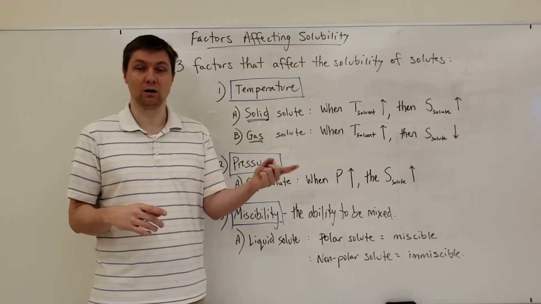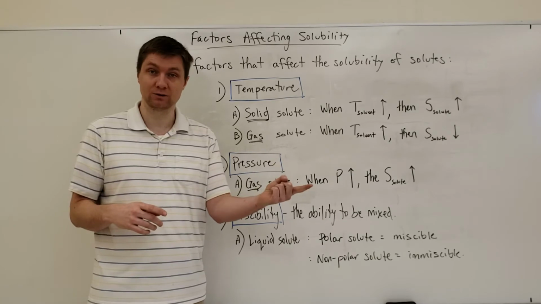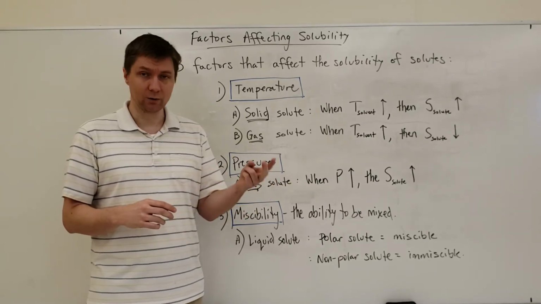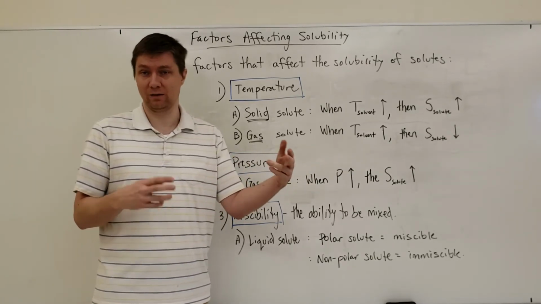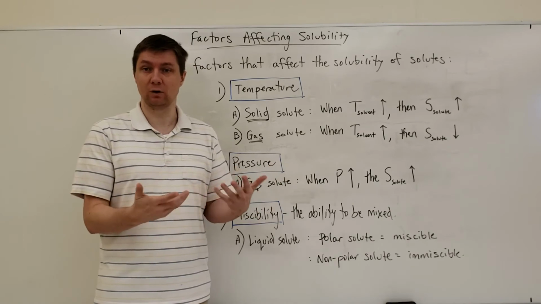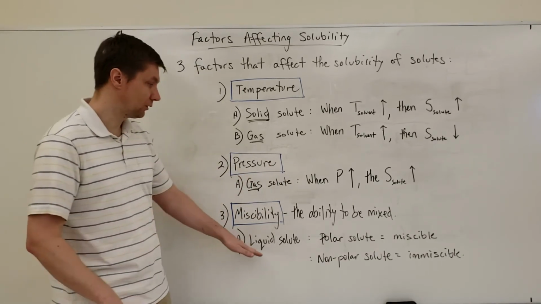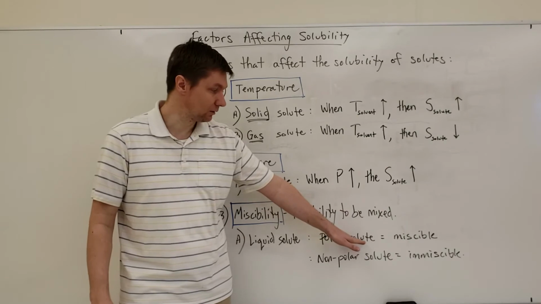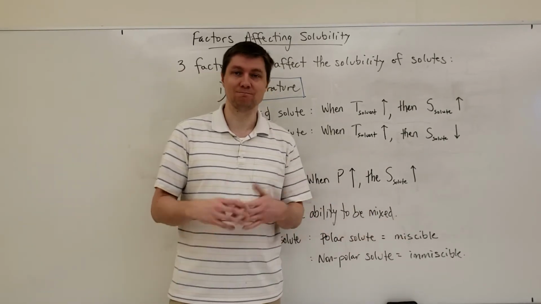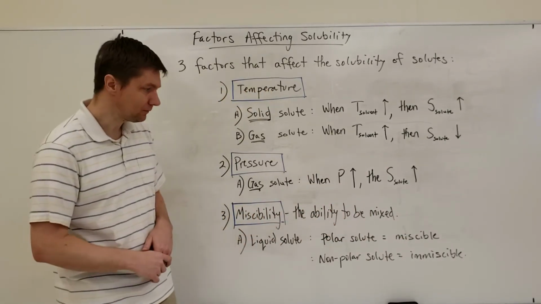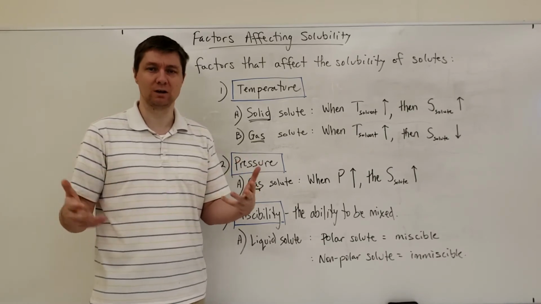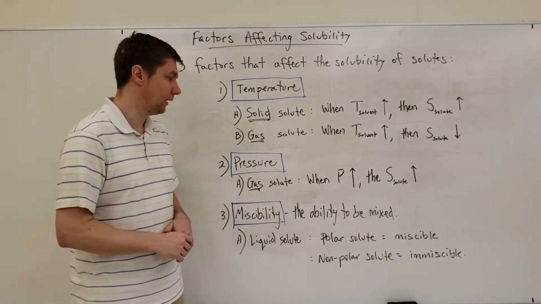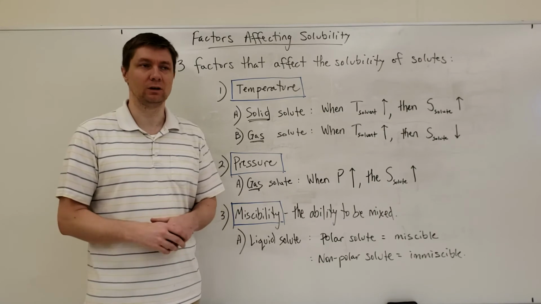Because water is a polar substance, other polar substances will dissolve and therefore mix very easily with water. And so a liquid that is a polar solute is going to be what we say very miscible with water. It's going to be able to be mixed with water quite well, and therefore its solubility would be quite high.